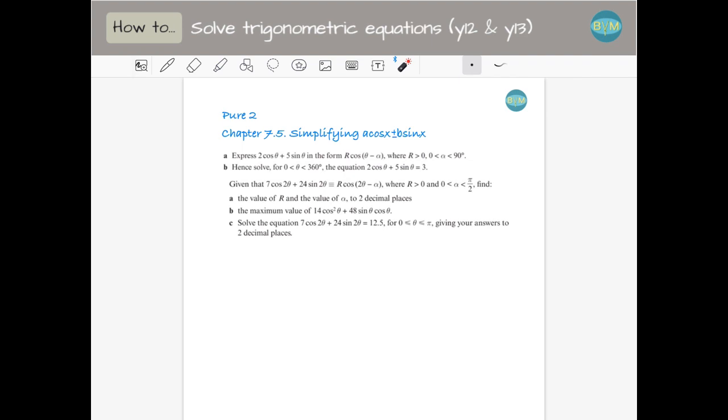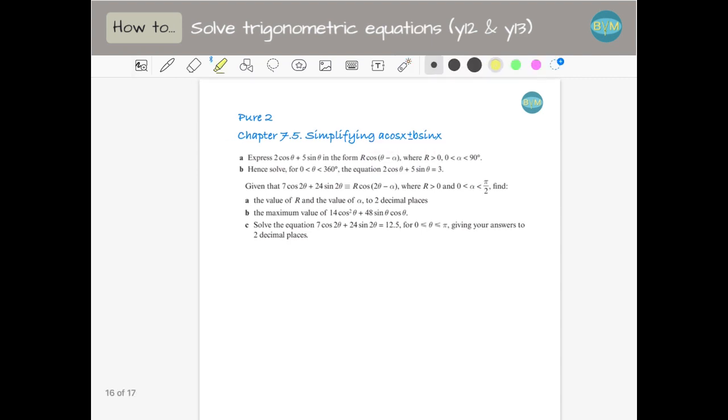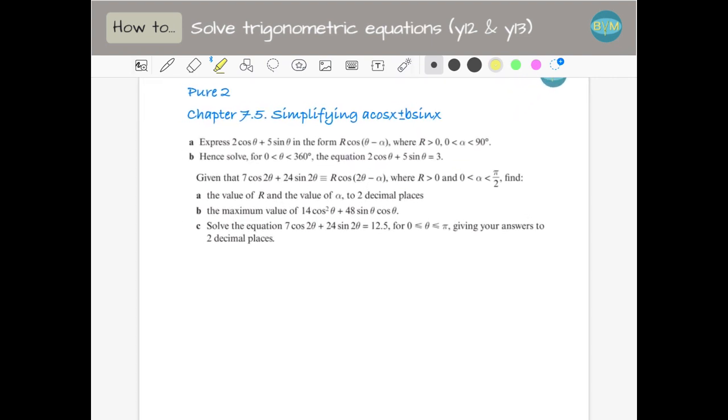And the last type of trigonometric equation is when you learn to simplify a cos theta plus b sine theta. Many of the questions will ask you first to express this in this form, and then solve the equation.